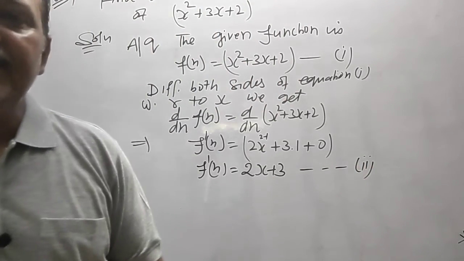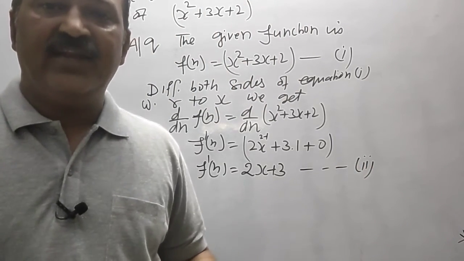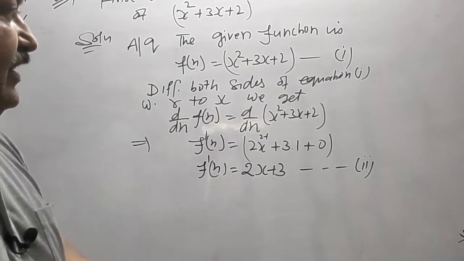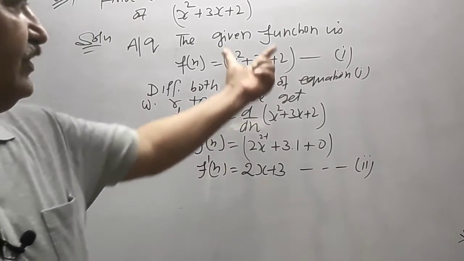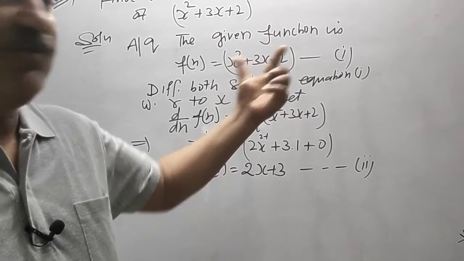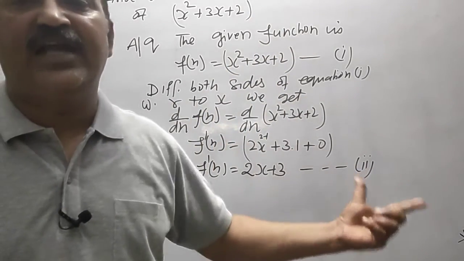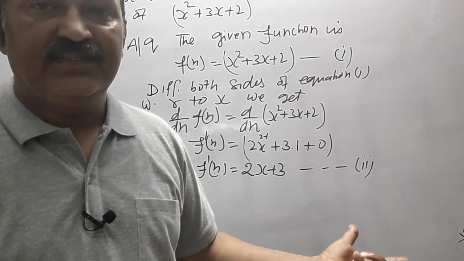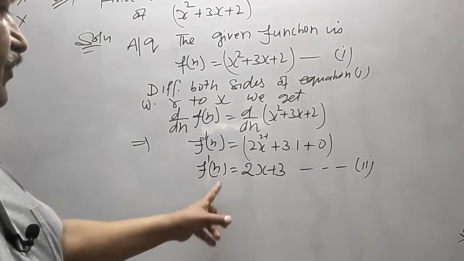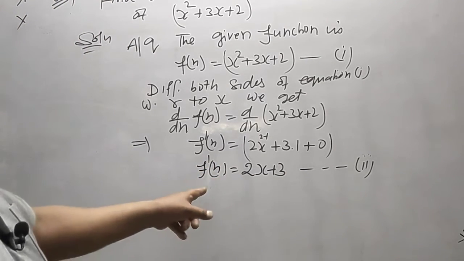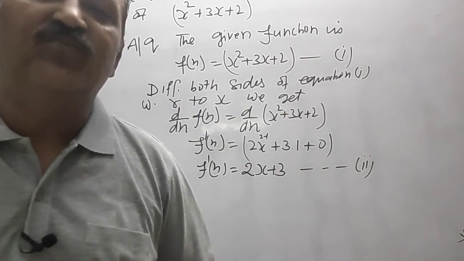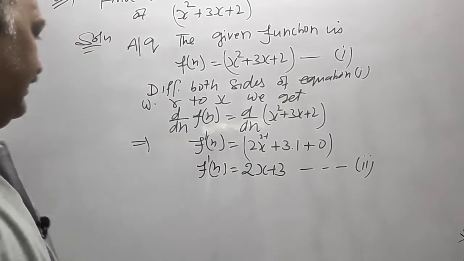In order to find the second order derivative, you have to use these steps. Equation बनाओ ताकि आप लिख सकें कि differentiating both sides with respect to x. Now, in order to find f double dash x, you have to again differentiate both sides with respect to x.